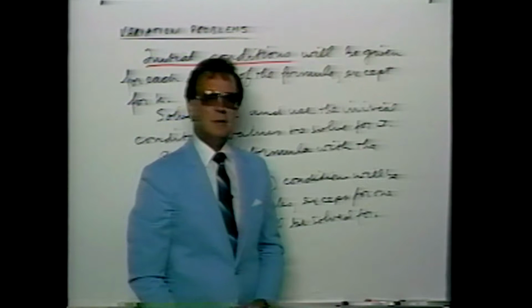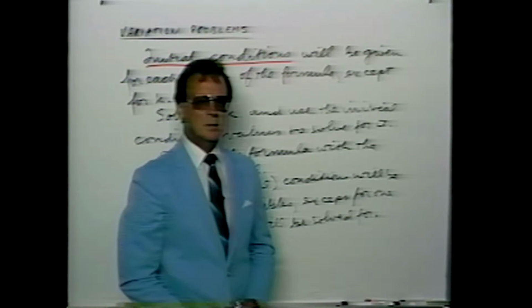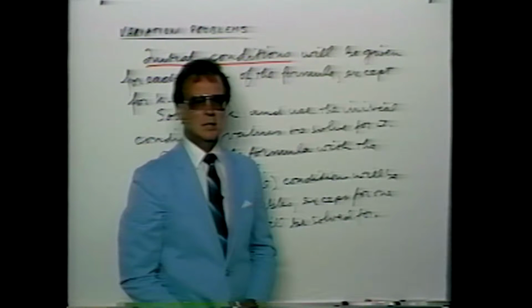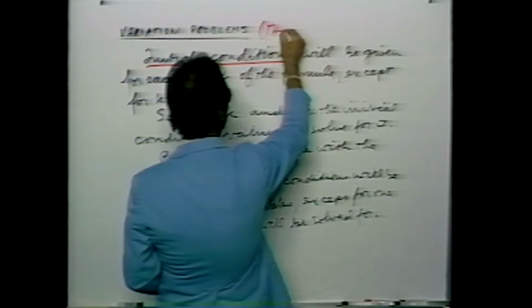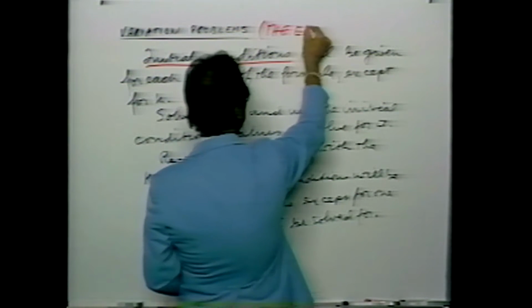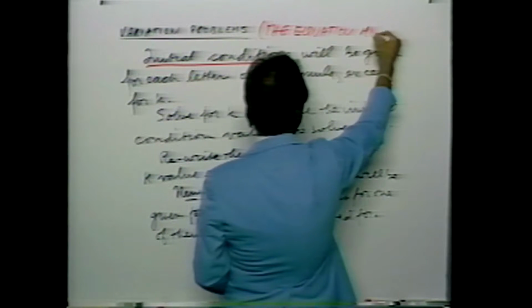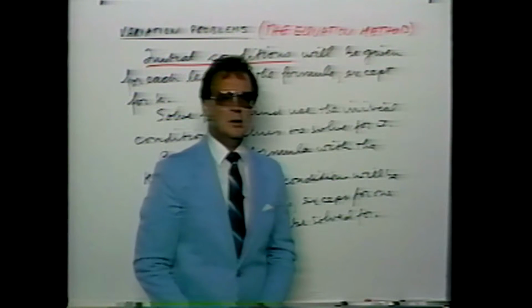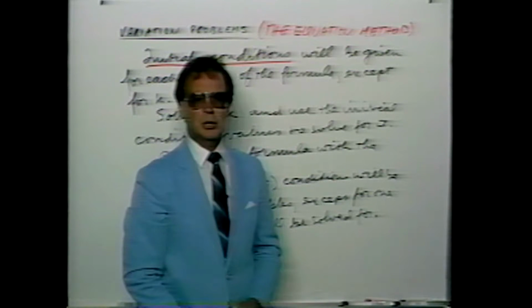You will always have enough information to calculate that unknown variable. The method of solving variation problems just described is sometimes called the equation method. Another popular method that I will not introduce uses proportions.